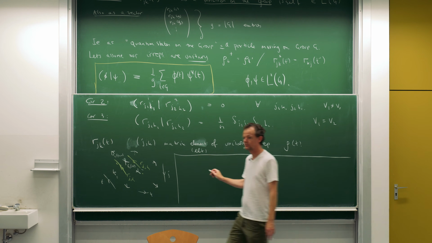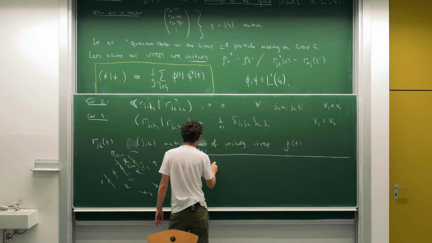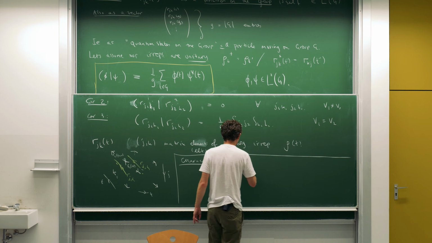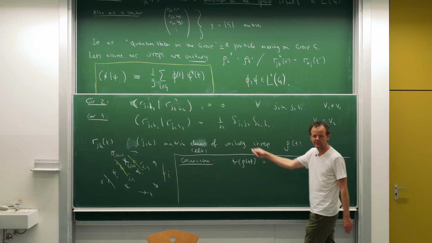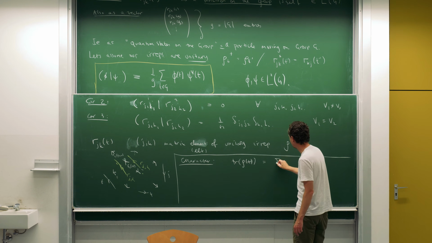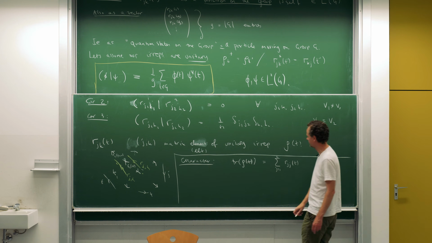If you remember, a character is a trace of a representation. In terms of matrix elements, we can calculate that as the sum over j from 1 to the dimension of the representation, which is n, of r_jj(t).